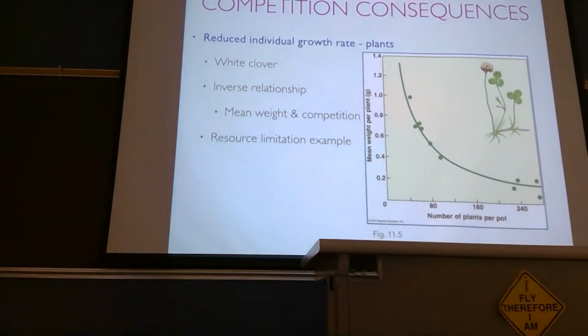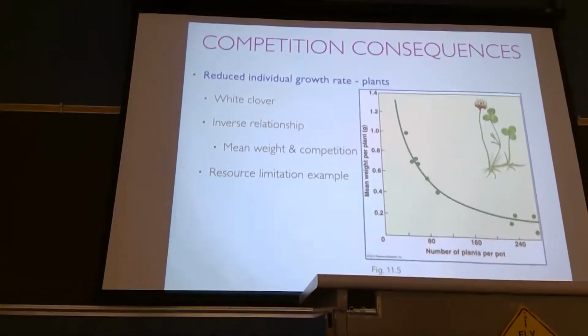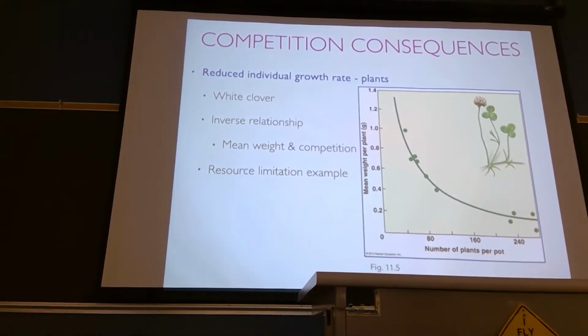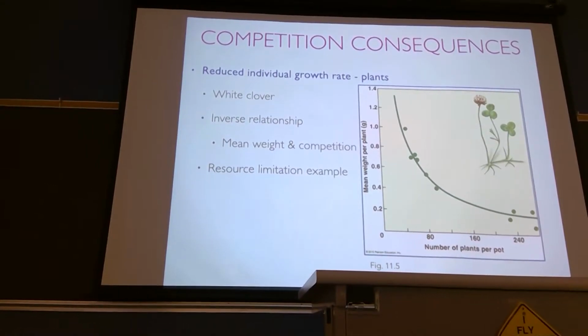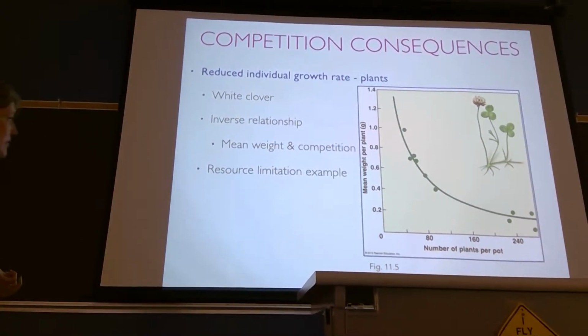Sometimes you just got to keep that in mind, that it makes total sense. If you're competing, you will have less access to nutrients, you will grow less. But lots of times we think that the more of you there are, the bigger you will get, and that is not true in competition.